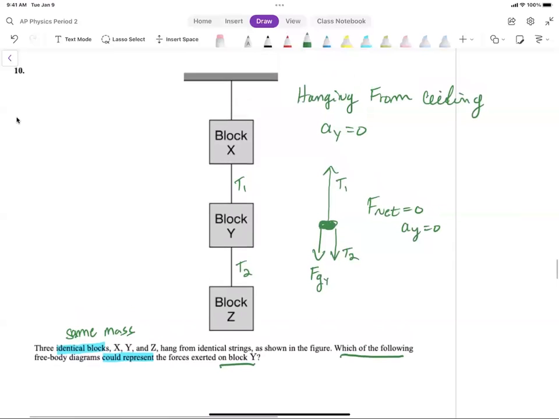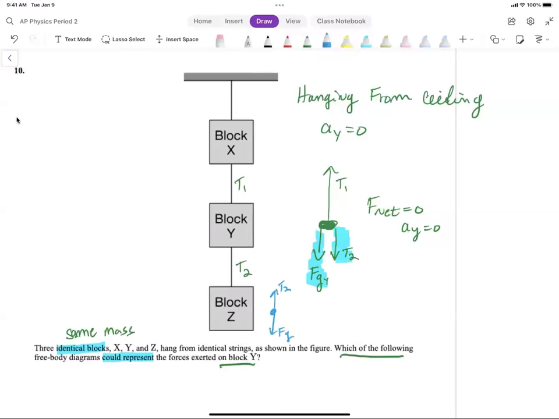Well, the forces better equal 0 if I add them all up. Plus, I know that the force of gravity on Y is going to equal the force of tension pulling downward. I called it T2. How did I know that? Because if I drew a free body diagram on block Z, I have T2 down and I have force of gravity down.